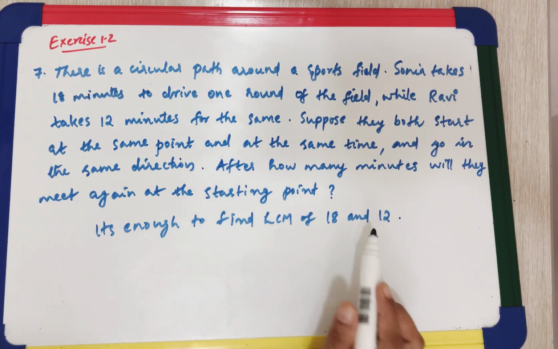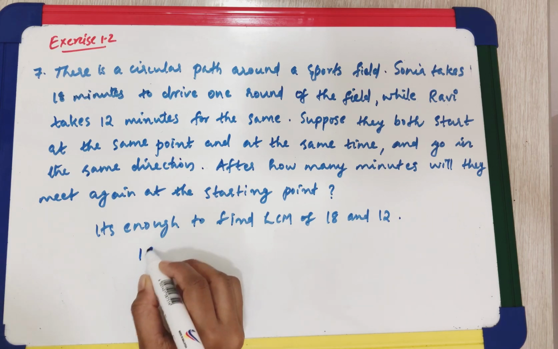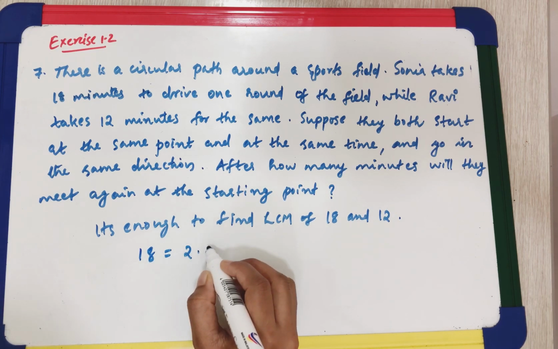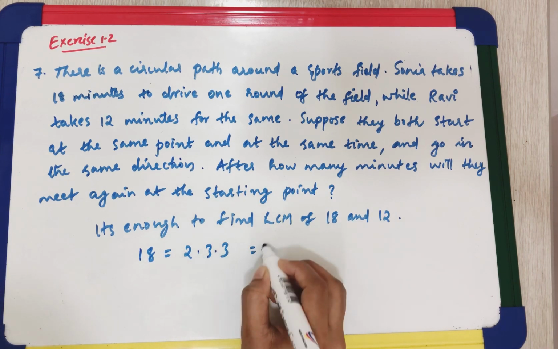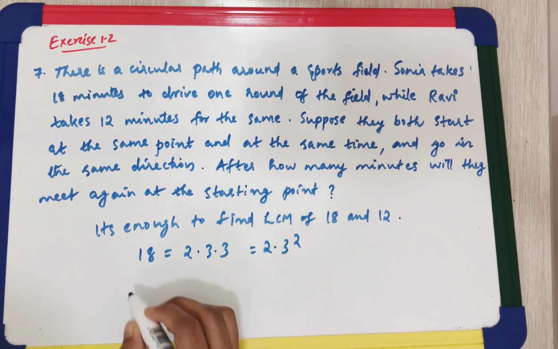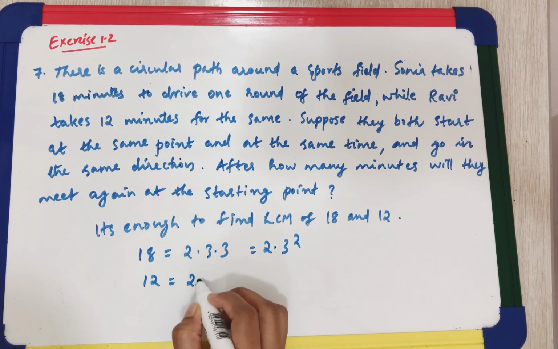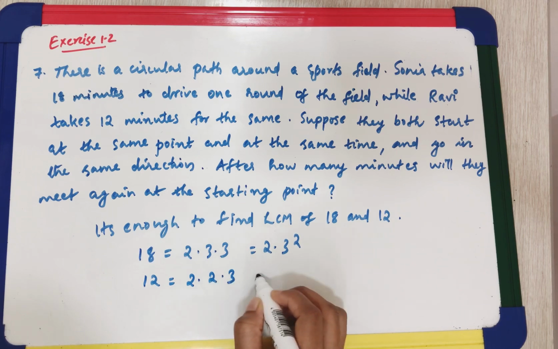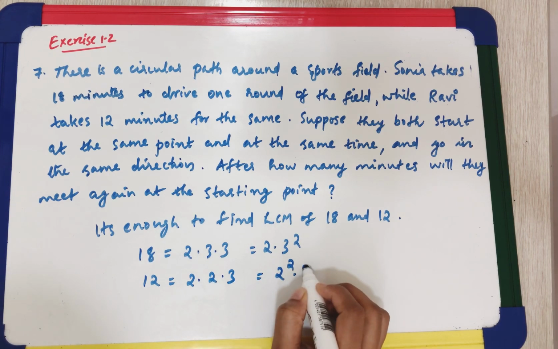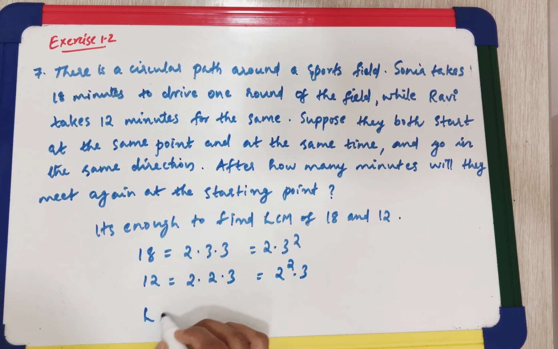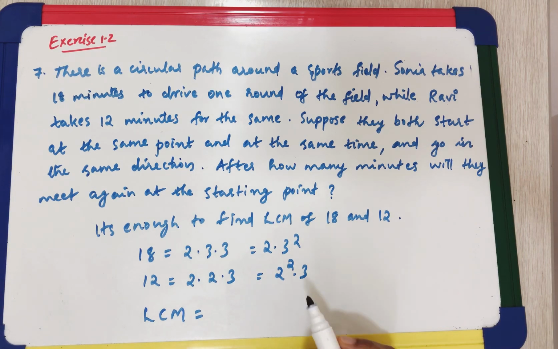Now 18, the prime factorization is 2 × 3 × 3, which is equal to 2 × 3 squared, and 12, the prime factorization is 2 × 2 × 3, which is equal to 2 squared × 3. Therefore, the LCM by the prime factorization method is the product of the greatest powers of each prime factor involved.